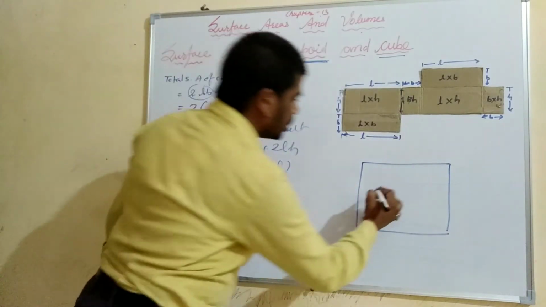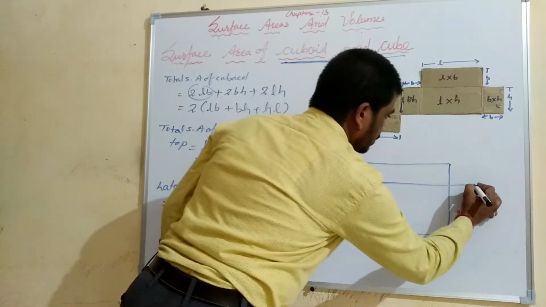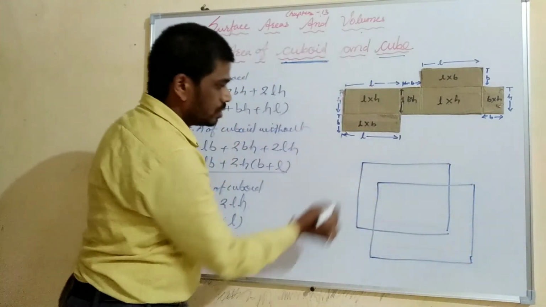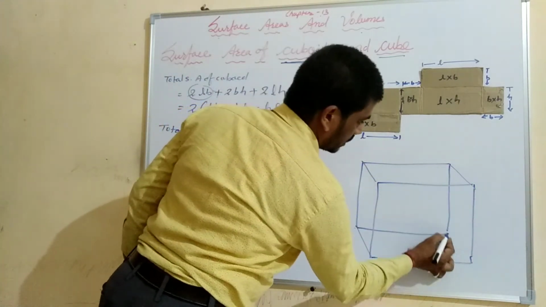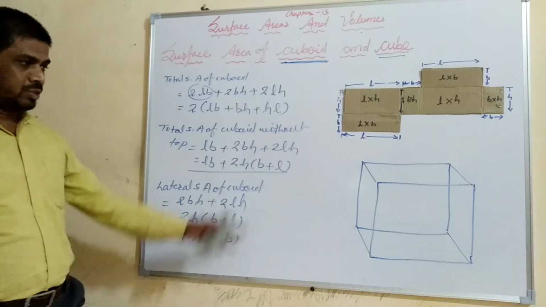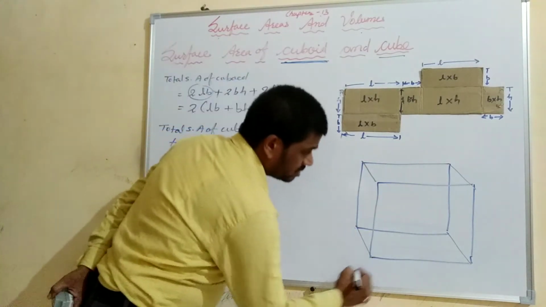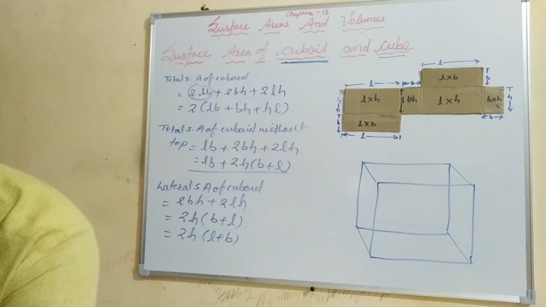This is a square, so we make one more square, front, opposite. Now we will join all the corners. So this will be a cube, because it will look like this.